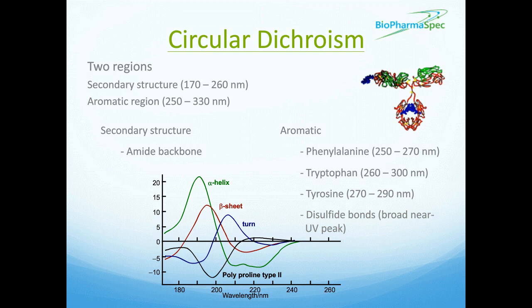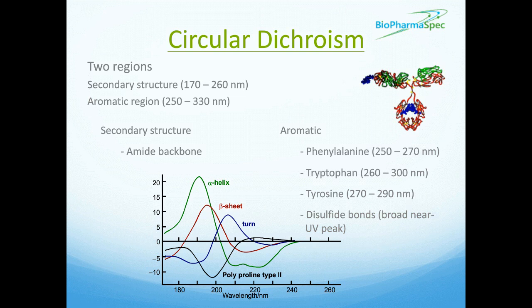And when you're now looking at the left-hand lower side of the screen, the secondary structure analysis in the far UV, you're looking at the amide backbone absorbances of the proteins, and it was discovered that when looking at this absorbance of the polarized left and right-handed light, certain structures of the proteins gave certain spectral shapes.